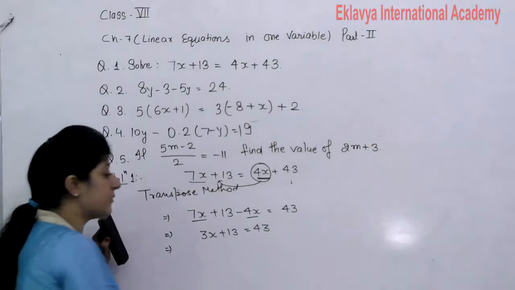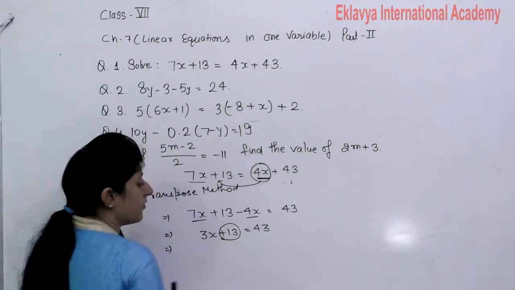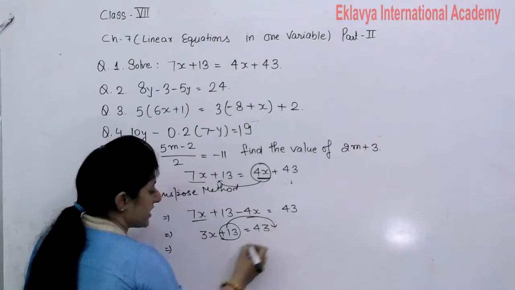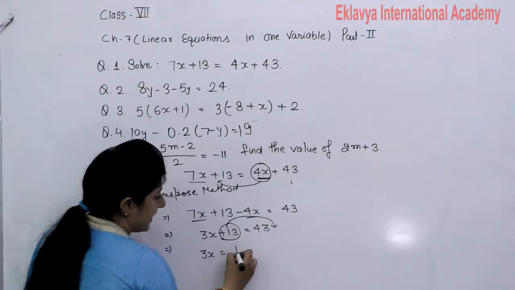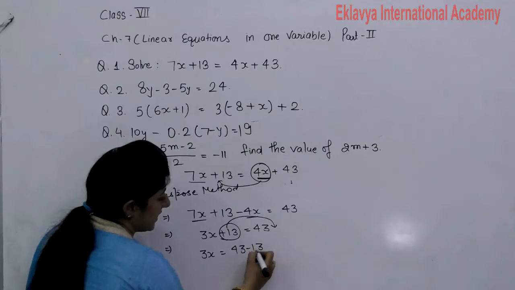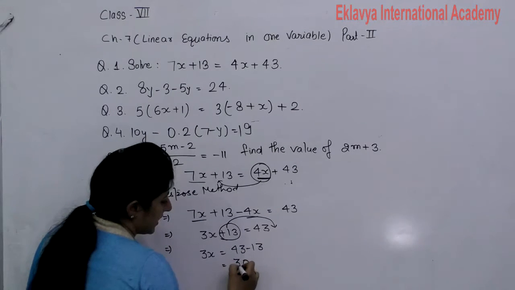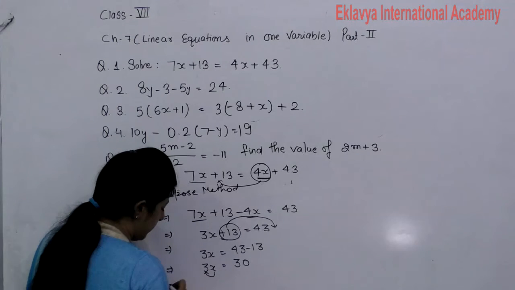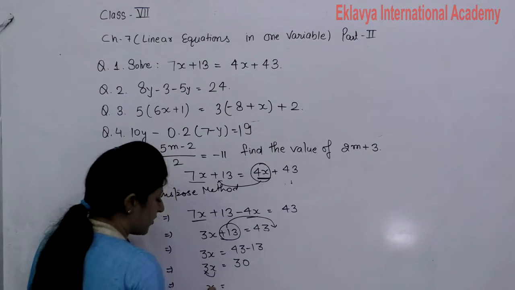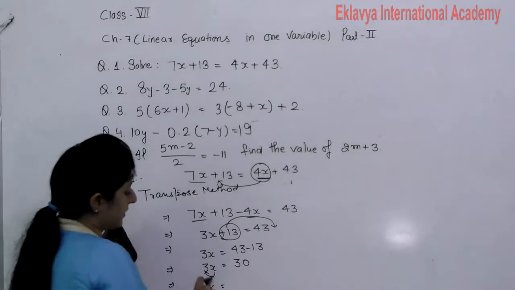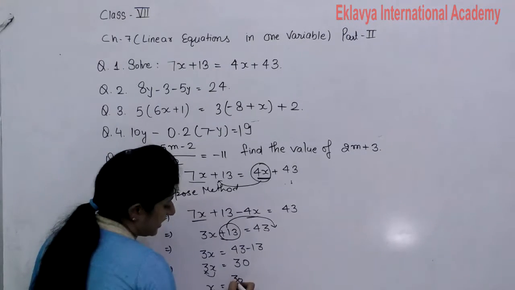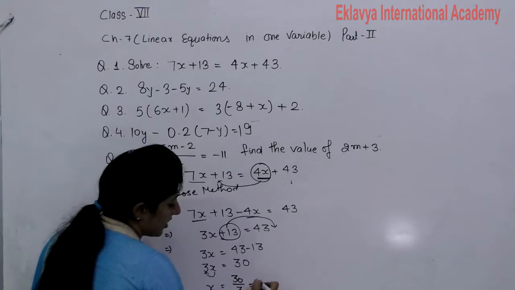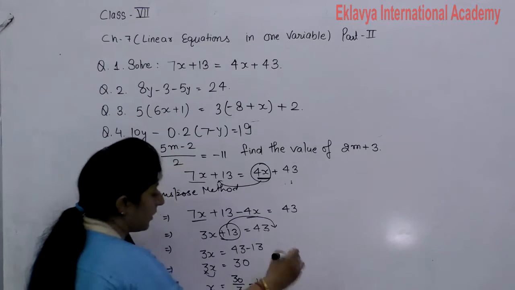Now the constant term, we want to remove it. So when you change the side here, it will come with a negative sign, then it becomes 3x. 3 is in multiplication, we need the value of only the variable. Then in multiplication, here if we take it, it will come in division, then your answer becomes x is equal to 10.